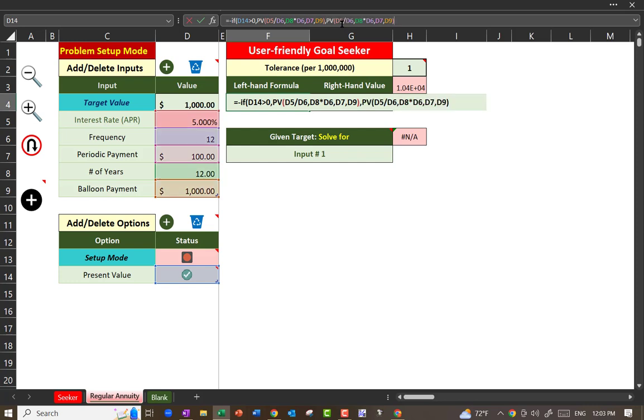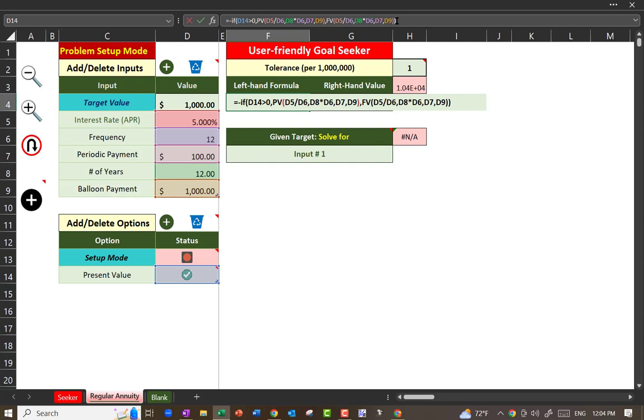I still kept the minus in front because future value has also the same issue. By default, it returns a negative value. You know, you're going to invest for 40 years. I don't think you're going to have negative money at the end of 40 years. It's just a sign convention.